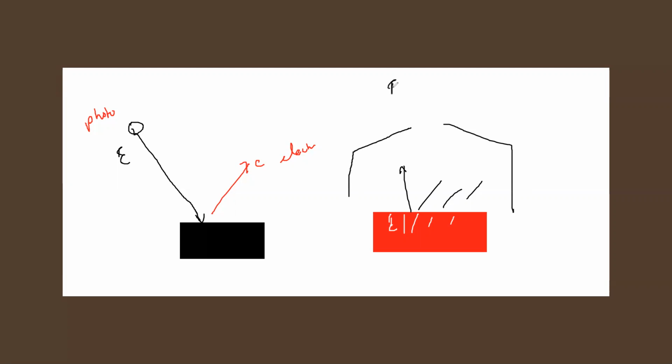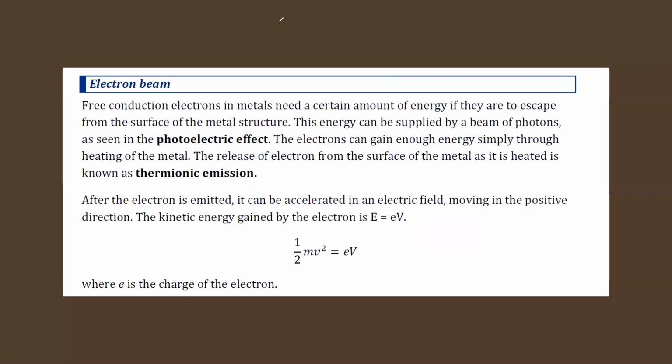So we can say the electrical energy equals the kinetic energy. Electrical energy is given by eV, and kinetic energy is half mv squared. Using this formula, we can find the speed at which the electron will move for a specific voltage. The mass of an electron is constant because it is not moving close to the speed of light, and e is a charge which is also constant. So the voltage will decide the speed at which the electron will move.